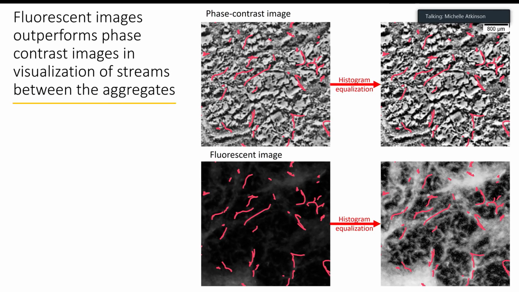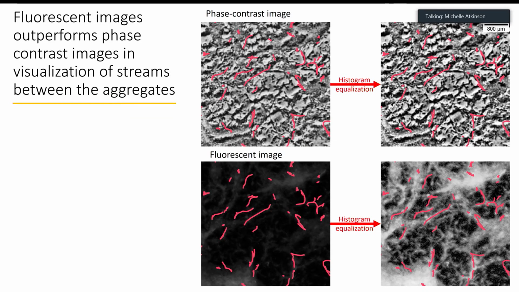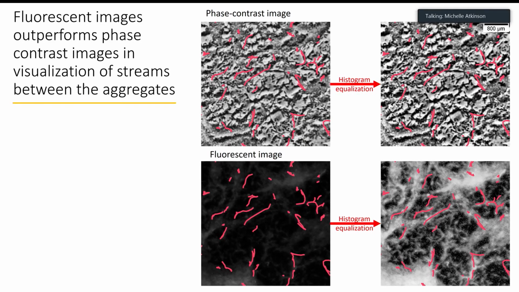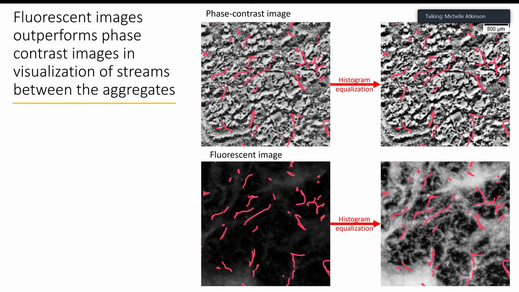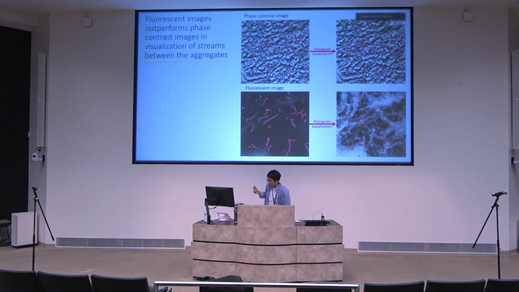As you can see, under these red trajectories on the fluorescent image, the image intensity is higher. However, on the phase contrast image, under these cell trajectories, the pixel intensity is neither higher nor lower than the surrounding space, which means we cannot visualize the streams on phase contrast images. Therefore, fluorescent images also outperform phase contrast images in visualization of streams between the aggregates.